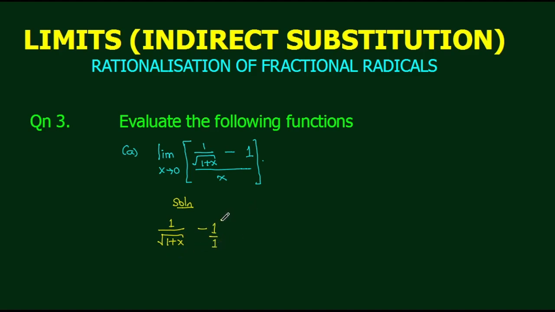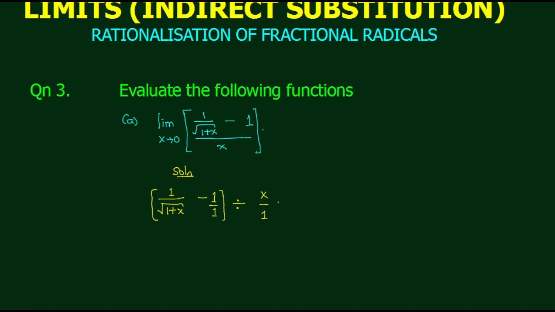Now this is our numerator, so we're going to have this numerator divided by the denominator, so we have this bar representing division and we're dividing with x, and now x also is standing on 1. Now let's get the LCM of the denominator, root 1 plus x, and this 1, and we notice that it is just simply root 1 plus x.